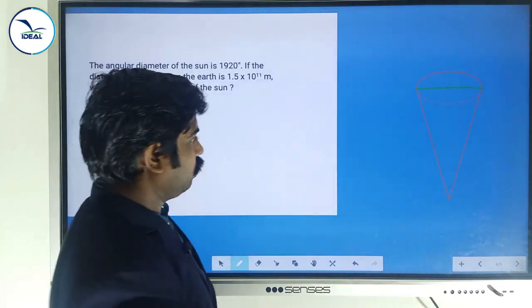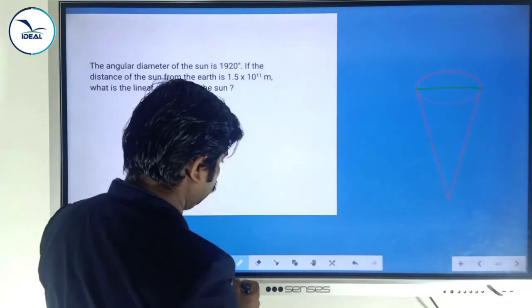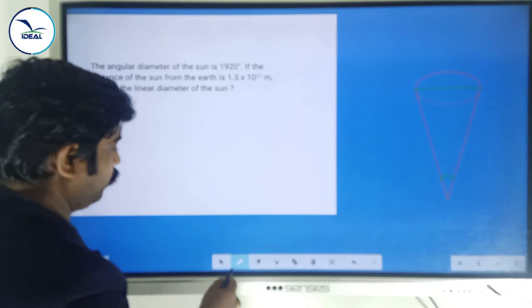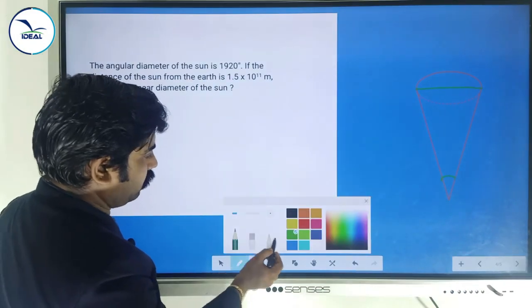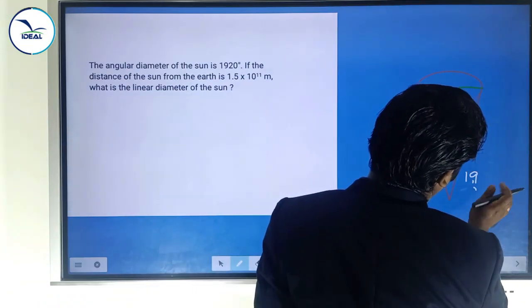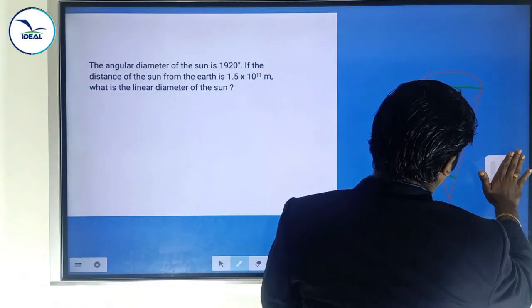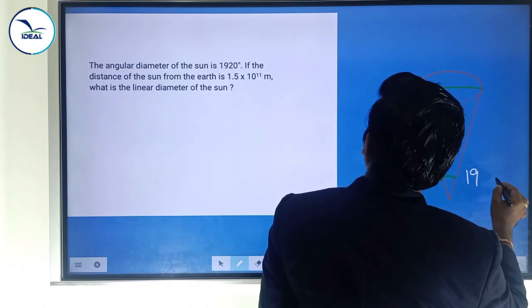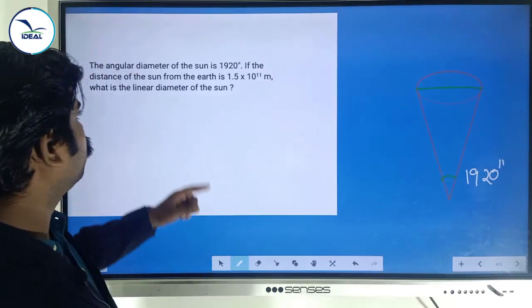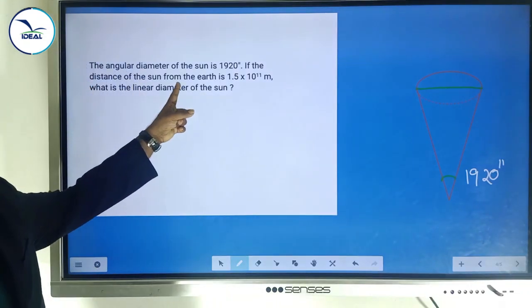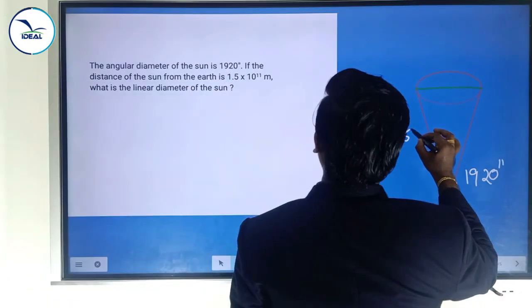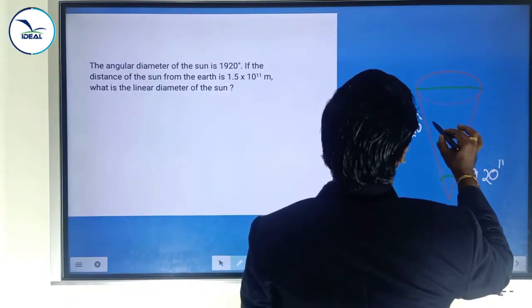So what are the given things? We have that angle, theta, equal to 1920 seconds. Also we have the distance of the sun from the earth, 1.5 into 10 raised to 11 meter.